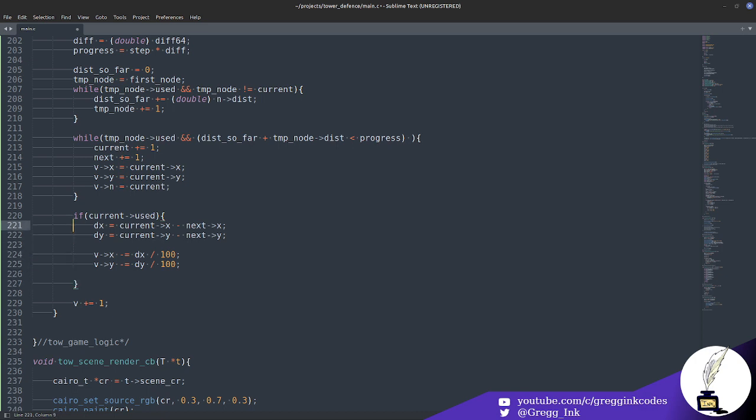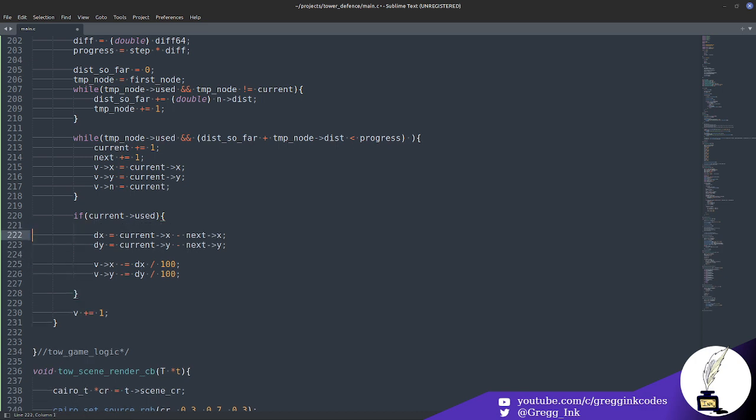So now what we need to calculate here is the last bit of the distance from the last node it passed to where it should be at.